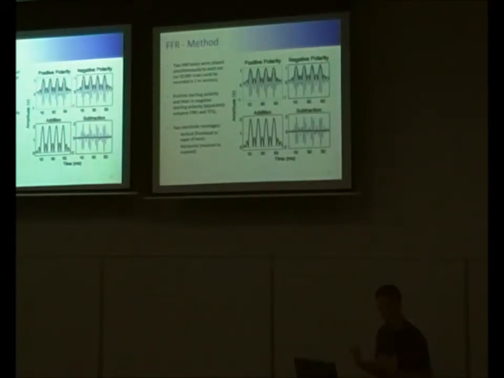If you add together the responses to these two alternating polarities, you get the black bit here, which is the envelope, that gets increased in the response. And if you subtract the two responses, you get the grey, which is the fine structure, that should get increased, and the response to the envelope should be diminished slightly.